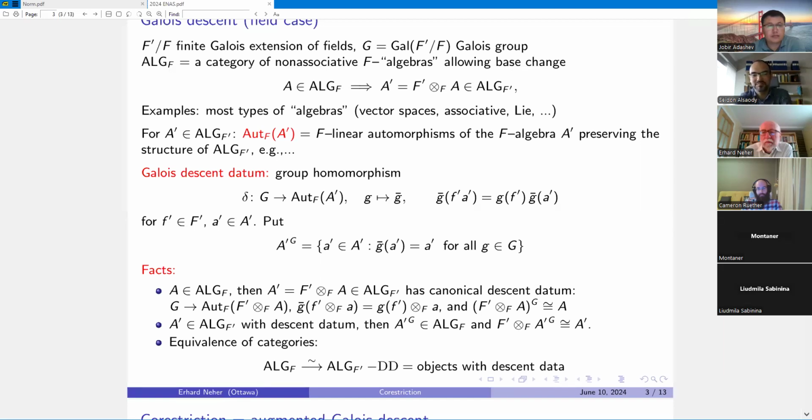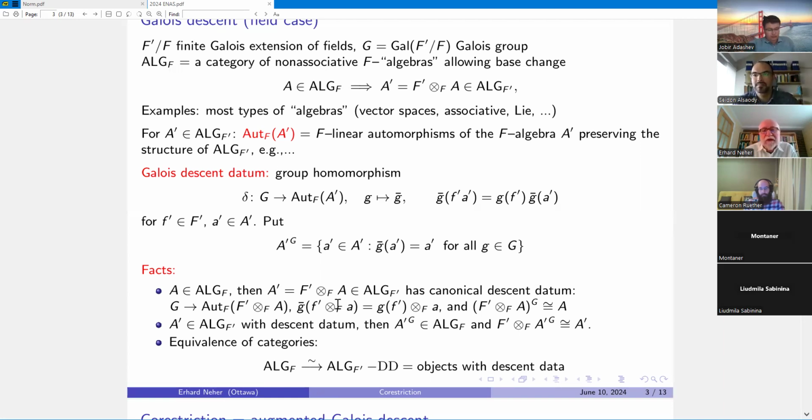Is there a really non-associative algebra that you have looked at in this context, like an octonion algebra or something? Of course, I looked at octonion algebras, but it does not work. But there are generalizations of associative algebras which have recently been considered, and I think it works using these generalizations. This is work by Vishne and his collaborators.